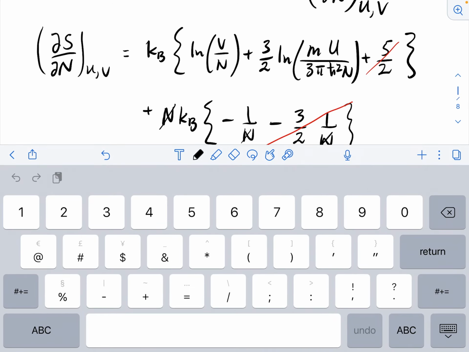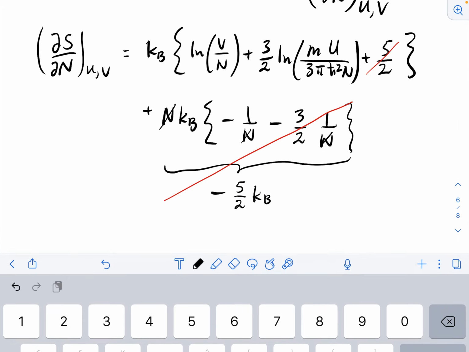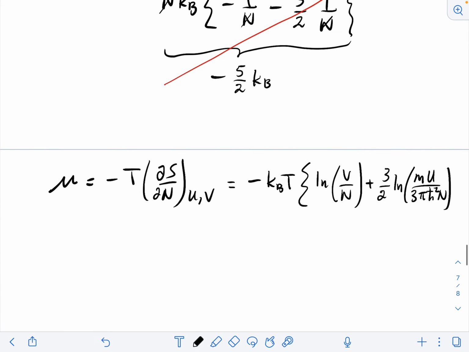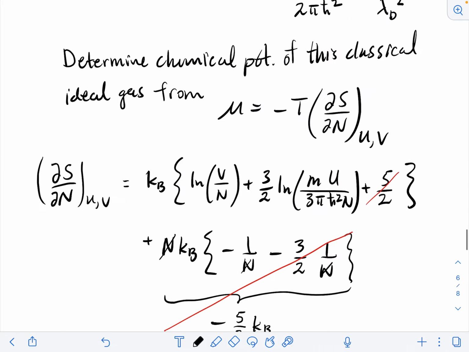Okay, so now what I'm going to do is replace everything inside of the second ln with this 1 over lambda d squared, which we defined up top here.